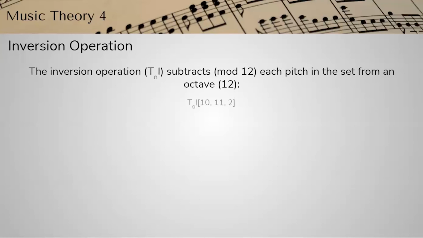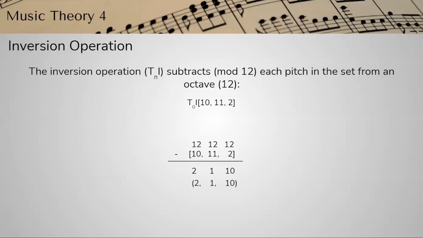Okay, so if we're going to do the inversion of the 10, 11, 2 set, we're going to start with our 10, 11, 2, but we're going to subtract that from 12 this time. So 10 from 12 gives us 2, 11 from 12 gives us 1, and 2 from 12 gives us 10. There's nothing over or equal to 12, so we don't have to worry about that for this.